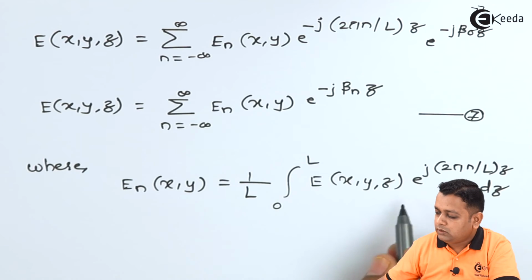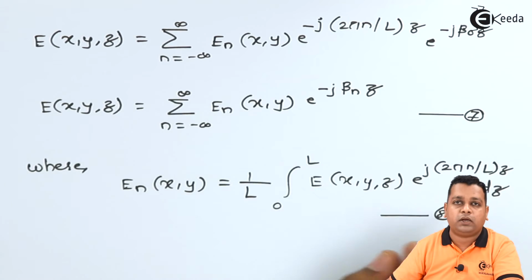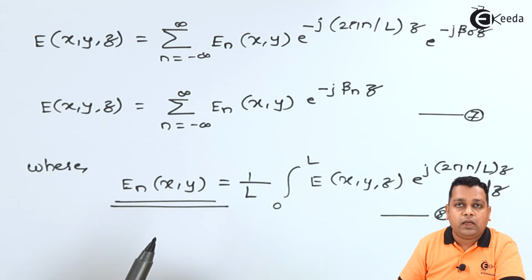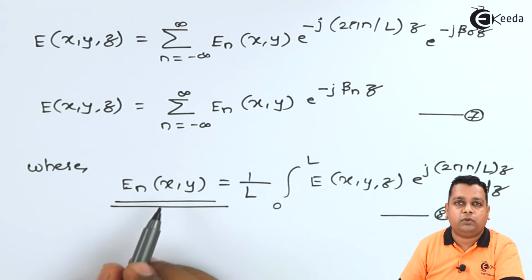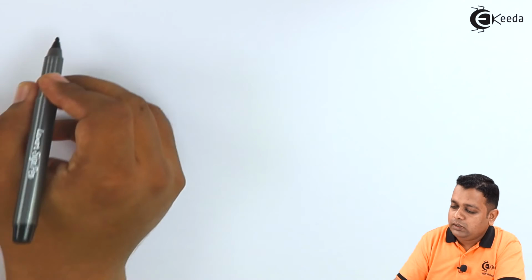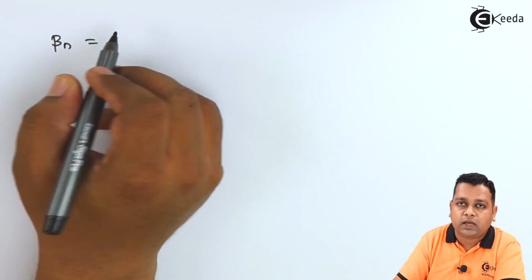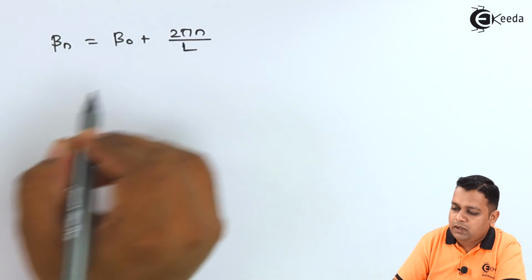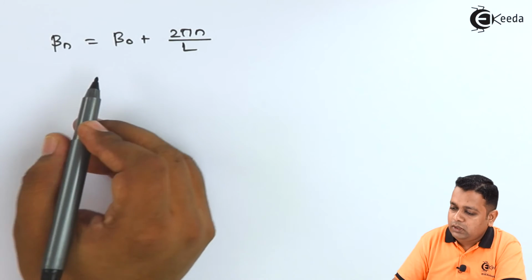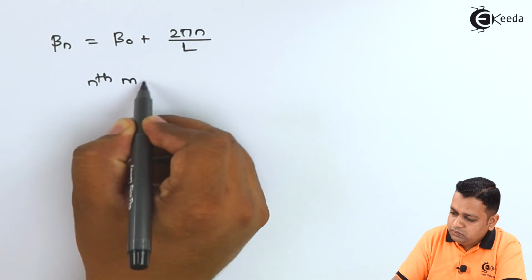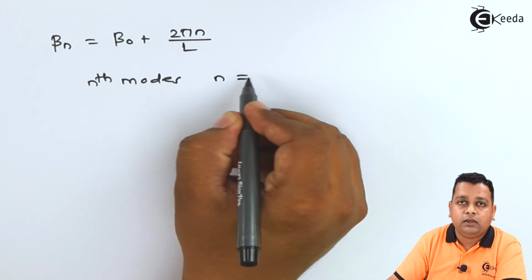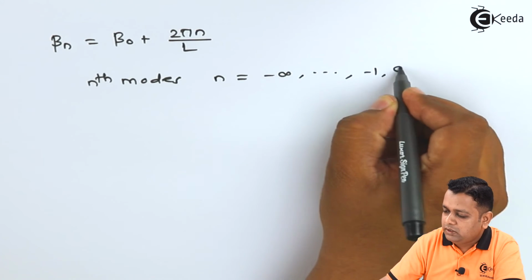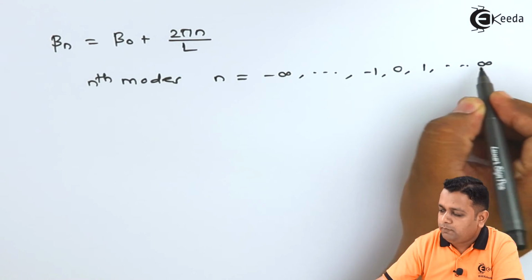For this particular equation we can name it equation number 8, and this left hand side denotes the amplitudes of the n harmonics of the signal, and correspondingly beta suffix n can be given as beta suffix 0 added with 2 pi n divided by L. So this is the phase constant for the nth modes, and this n can be given right from minus infinity up to, let us say, minus 1, 0, 1 up to plus infinity.